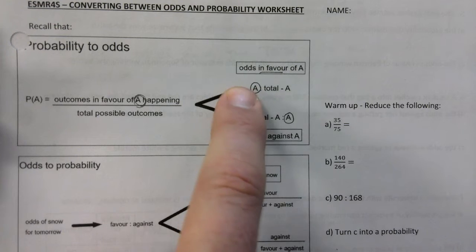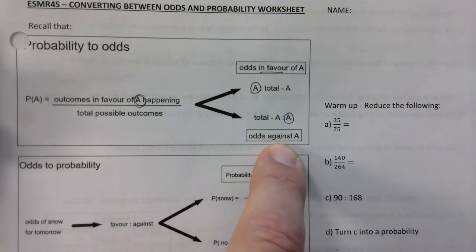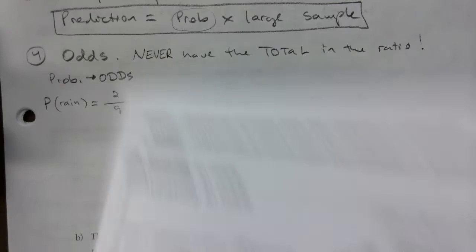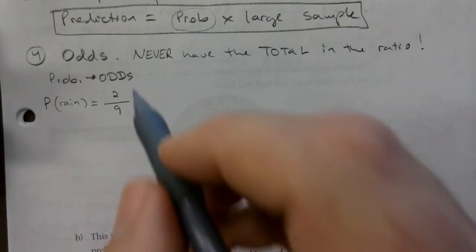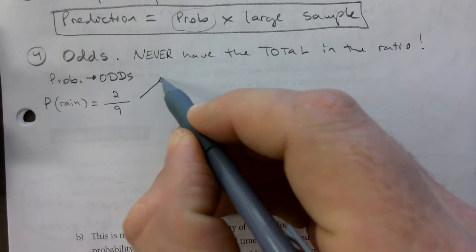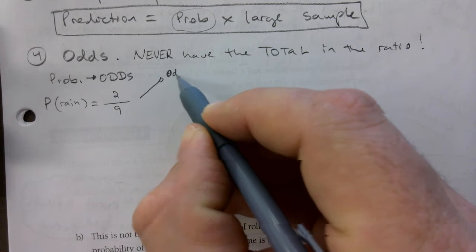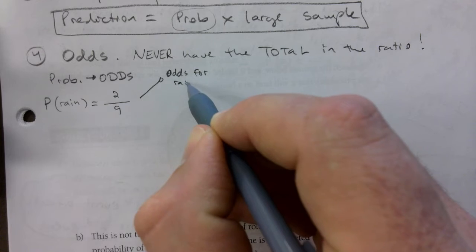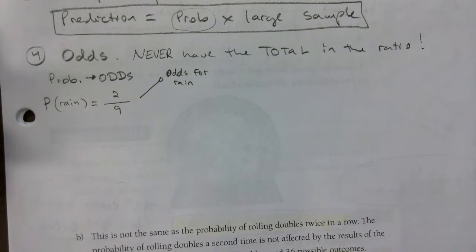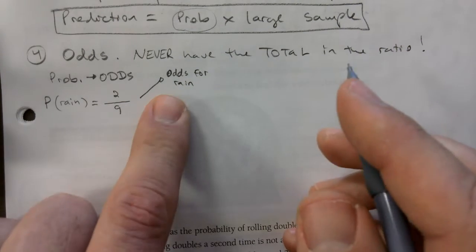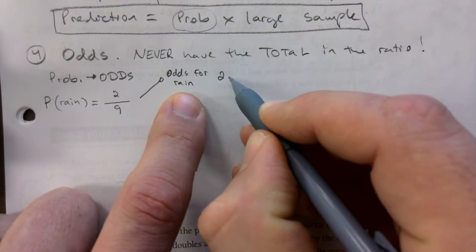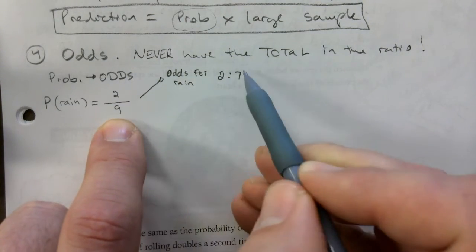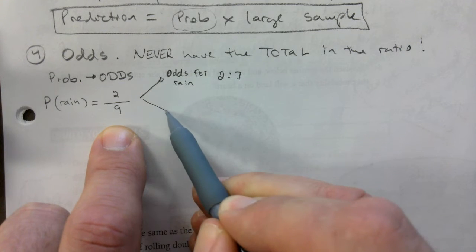So for or against tells you where that event is going to be. So I'm going to branch off odds for rain. In favor of rain would be 2 to 7, because you go 9 minus 2 to get the other side.